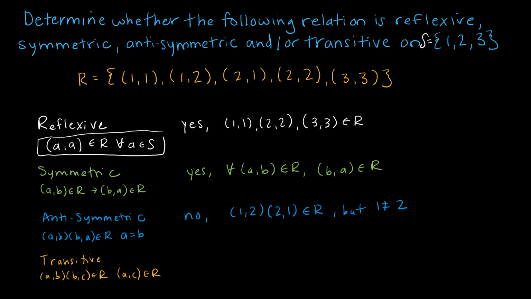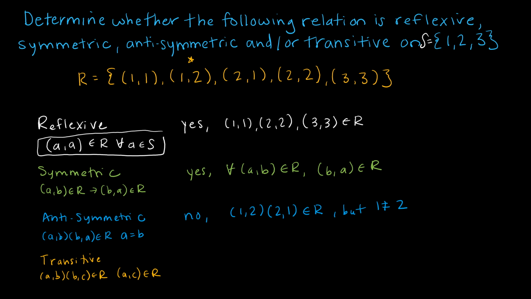If I have 1, 1, and say 1, 2. So really when I'm doing this, the second part of the ordered pair and the first part of the next ordered pair need to match up. And does that imply that 1, 2 is in the relation? And yes, 1, 2 is in the relation. All right, so let's check it with 1, 1.